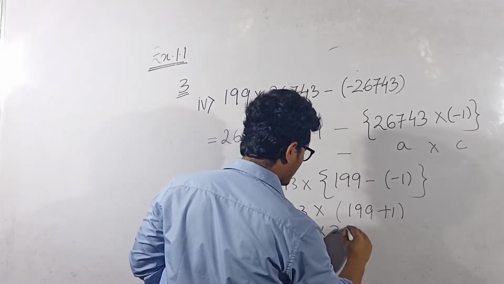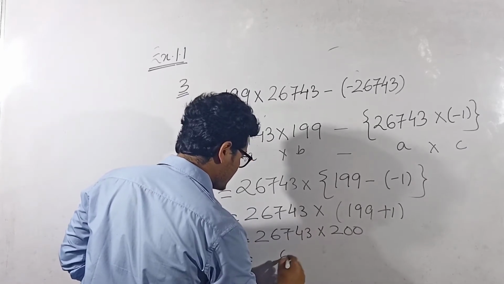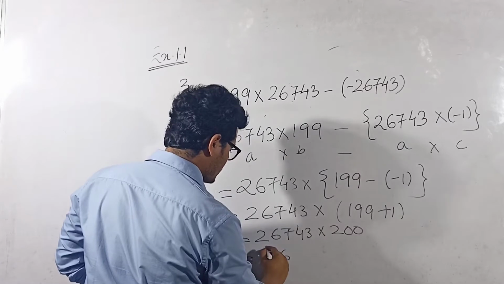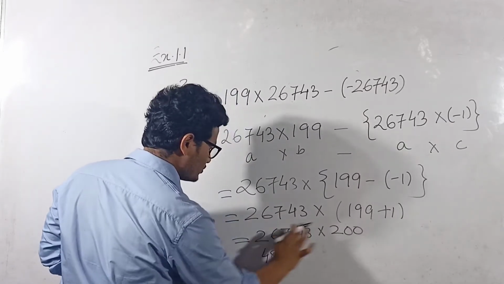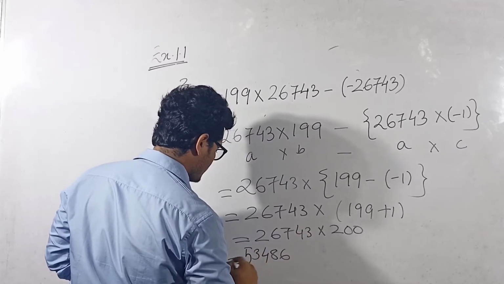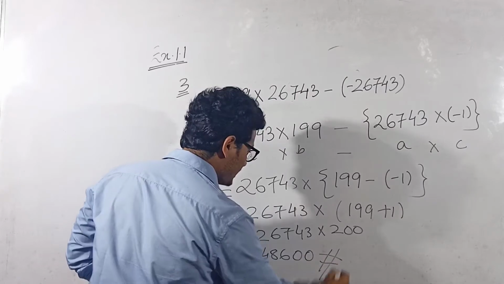Into 200. Now what will be the answer? The answer will be: 2 3s are 6, 2 4s are 8, 2 7s are 14, carry 1, 2 6s are 12, 13, carry 1, 2 2s are 4, 5, and 00. Students, this is the answer.